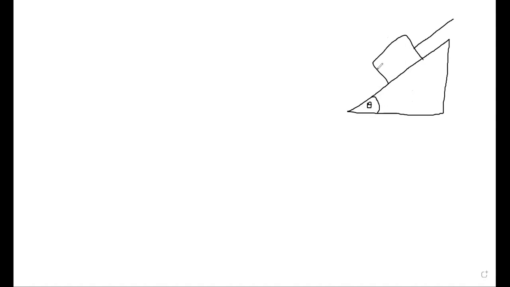The inclined problem says this is mg sine theta.